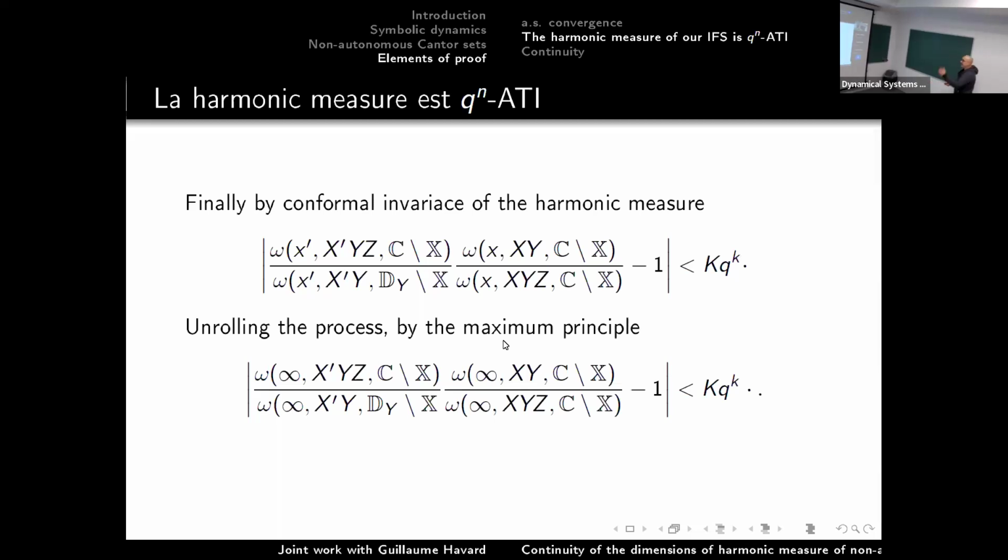So if you do this game, go inside, close it, take it conformally somewhere else, you have the same things, and then unwrap. You have managed to compare what happens inside two different cylinders.